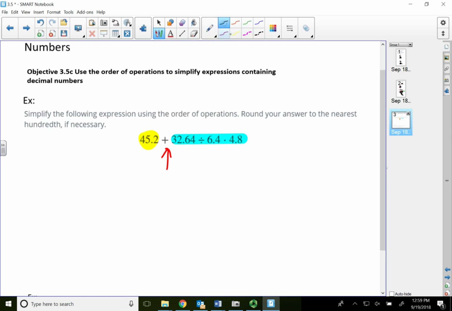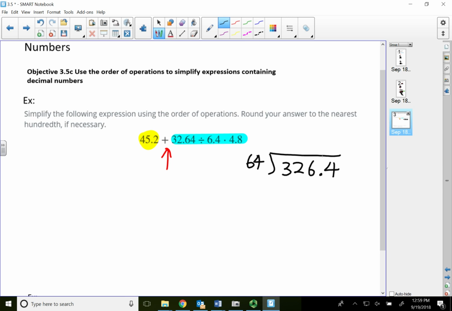All right, this takes a little bit of work, so let's do this on the side, okay? 32.64 divided by 6.4. When I divide by a decimal, the divisor has to be a whole number, so that has to be 64. I'm moving the decimal to the right one place. My dividend, I will do the same, move to the right one place, so that will be between the 6 and the 4 now.